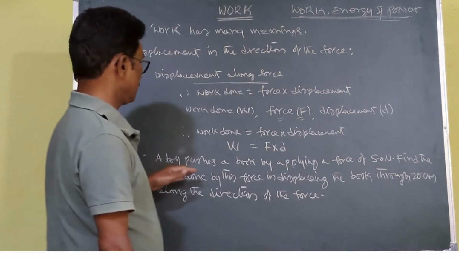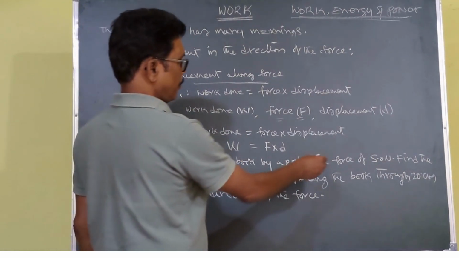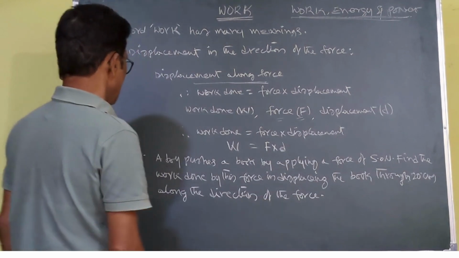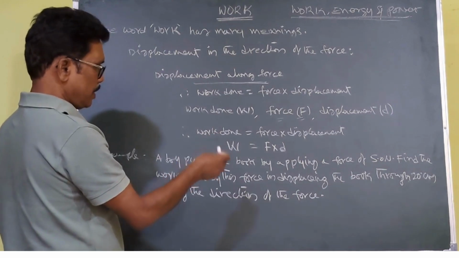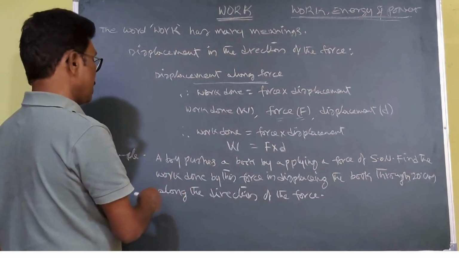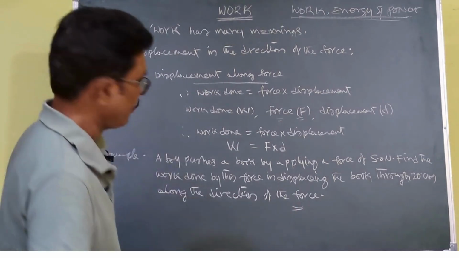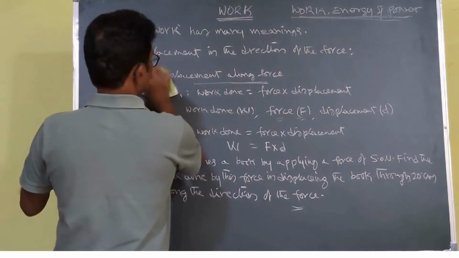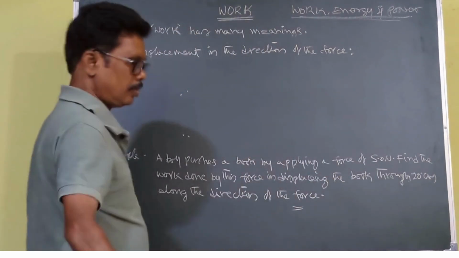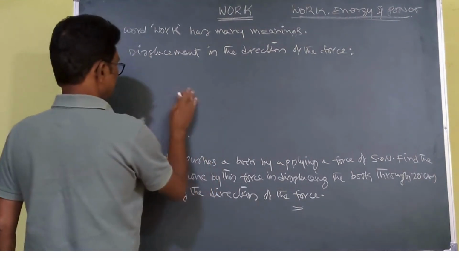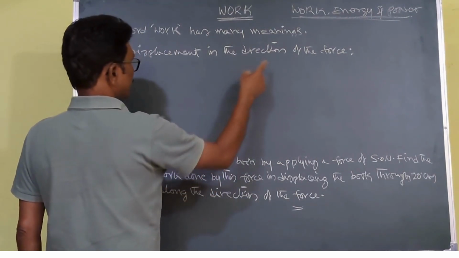A boy pushes a book by applying a force of 5 newtons. Find the work done by the force in displacing the book through 20 centimeters along the direction of the force. So we know that work done equals force into displacement in the direction of the force.